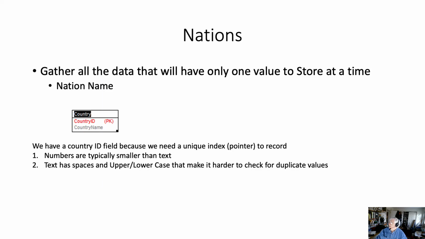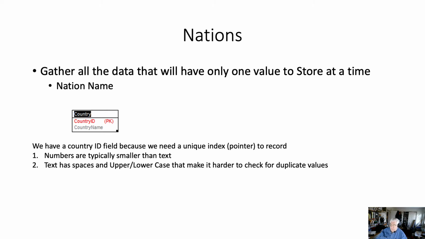All right. We talked about trying to divide that spreadsheet up, so we said that we're going to gather all the data that has only one value to store at a time. And so for nation, beside the country name or nation name, I'm going to put a country ID, which is the primary key, and I'm going to use a number. I always try to use a number for my primary keys, or, all broad generalizations are false, so that's a false statement.